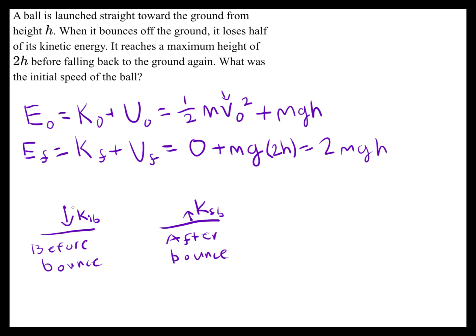It says that once it bounces off the ground, it loses half of its kinetic energy. So the kinetic energy before the bounce is 2 times the kinetic energy after the bounce. We can expand the kinetic energy right before the bounce.